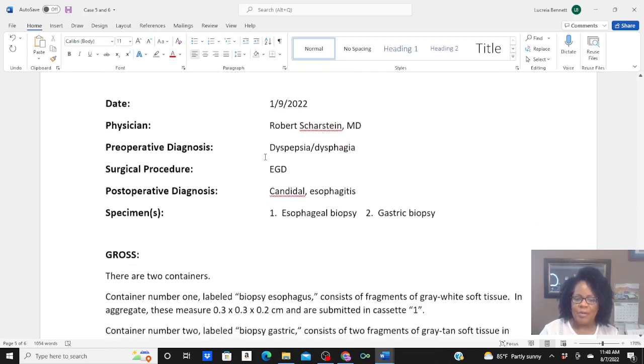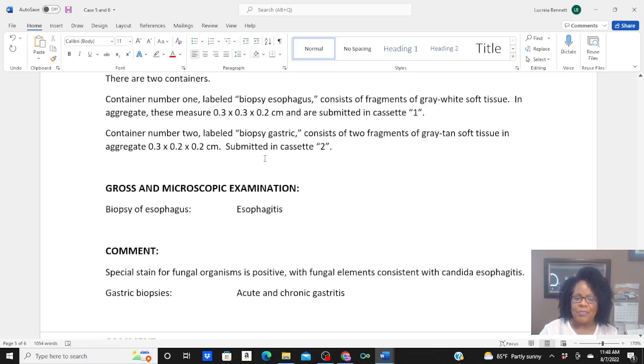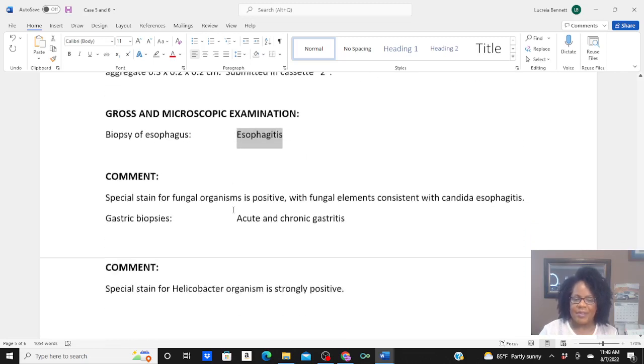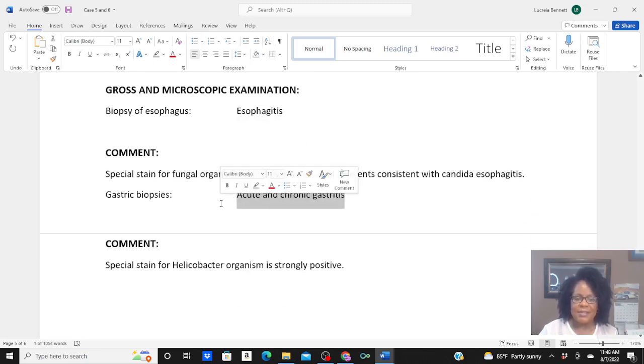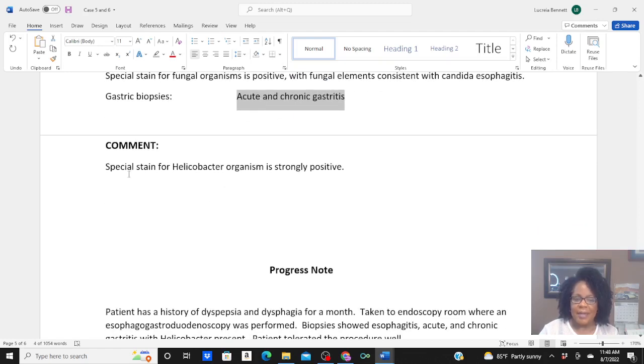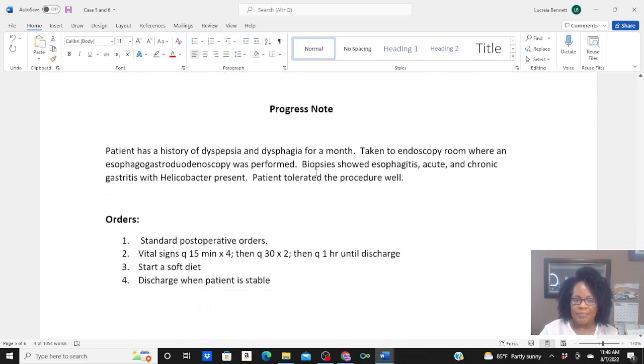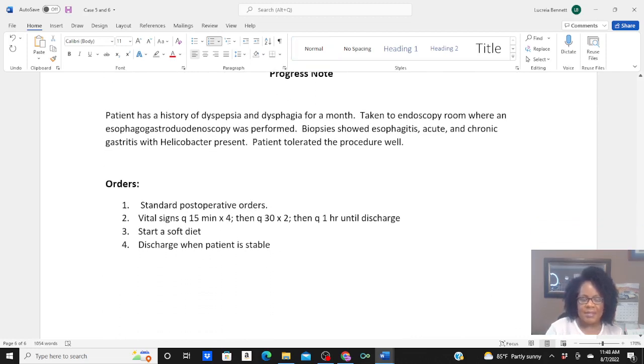So there's your procedure. Recommendation was to await the path report. Here's your path report. Path report does show the esophagitis and acute and chronic gastritis. And there's a special stain for H. pylori. So in this case, your ICD-10-CM: B37.81 for the candidal esophagitis.